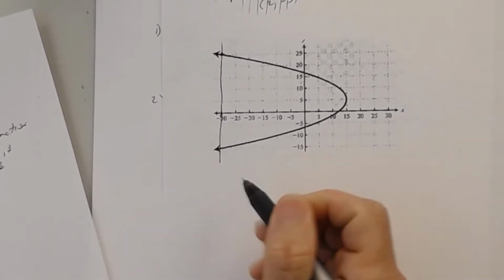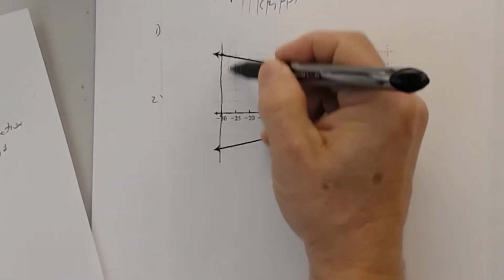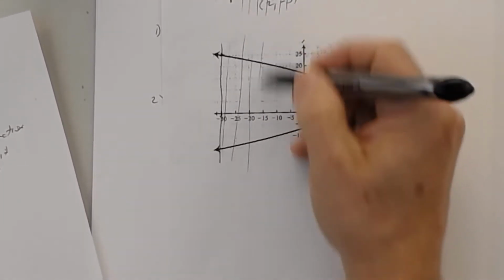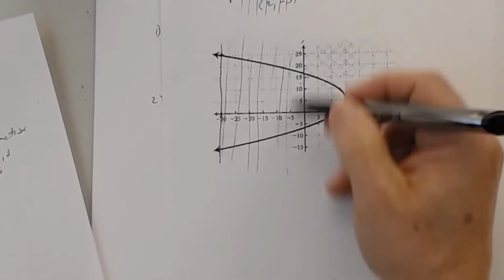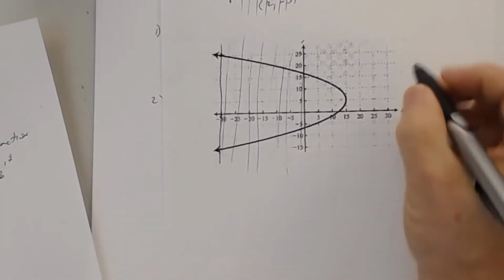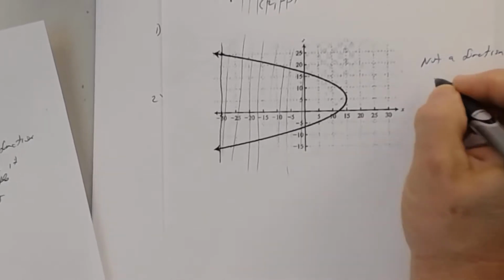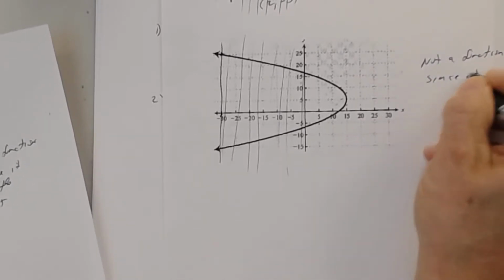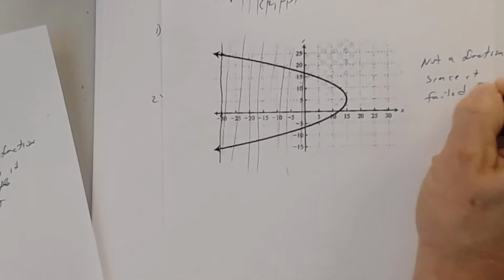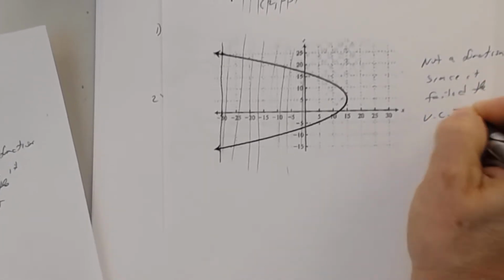Okay? And again, it occurs an infinite number of times. All of these fail the vertical line test. So this is not a function since it failed the vertical line test.